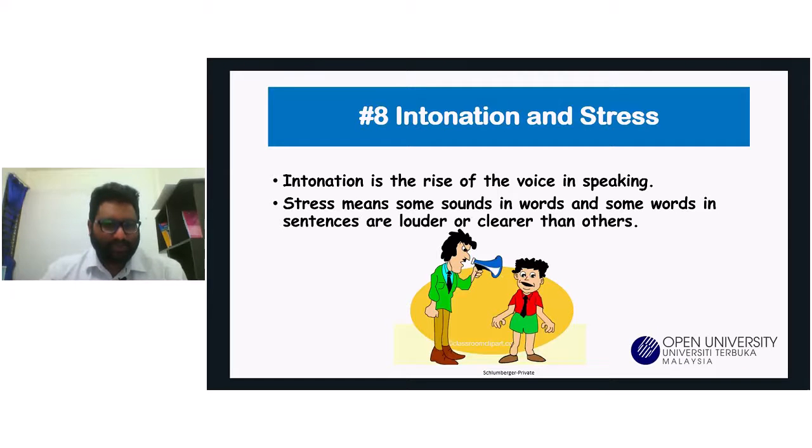Some sounds in words and some words in a sentence are louder or clearer than others. Example of falling intonation. I'll give you a sentence. He believed that they had seen the movie earlier. I'll repeat. He believed that they had seen the movie earlier.